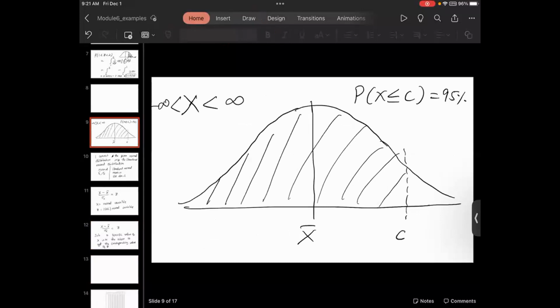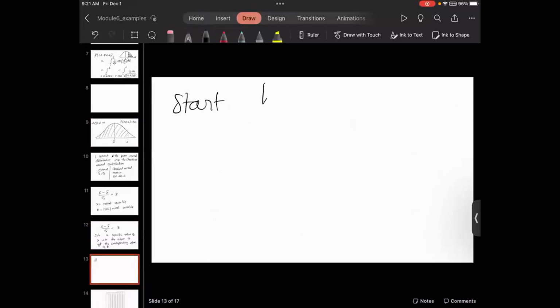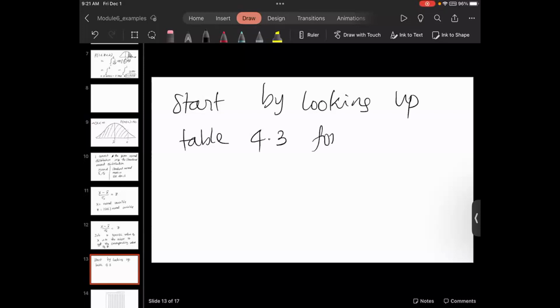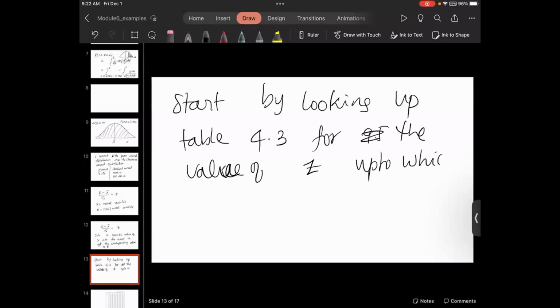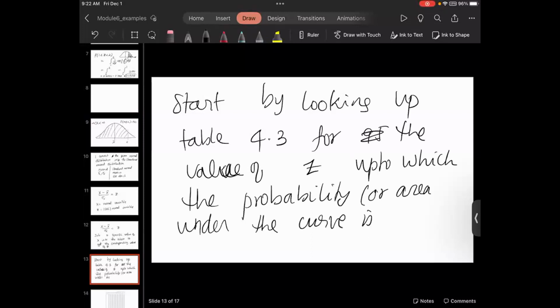So you can start by looking up table 4.3 for the value of z up to which the probability, or area under the curve, is 0.95.